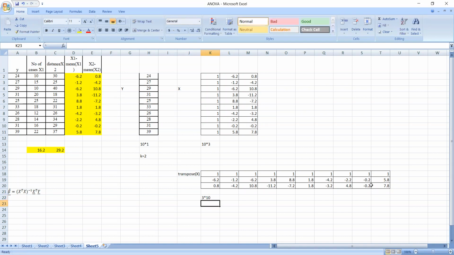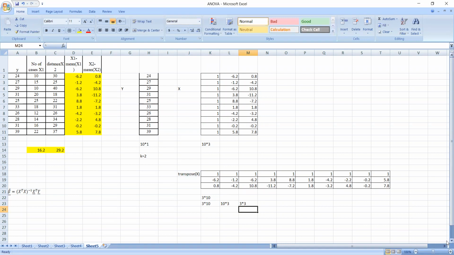So it's a 3 into 10 matrix. So what will happen when you multiply X transpose with X? That is, we are multiplying a 3 into 10 matrix with a 10 into 3. So our result should be a 3 into 3 matrix.